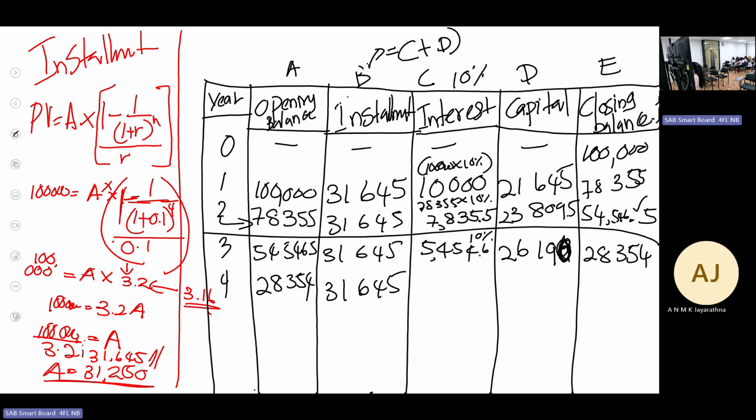Interest, 2,835.4. Deduct the interest from the installment and have the balance. How much is it? 28,354. Am I correct? Yes.